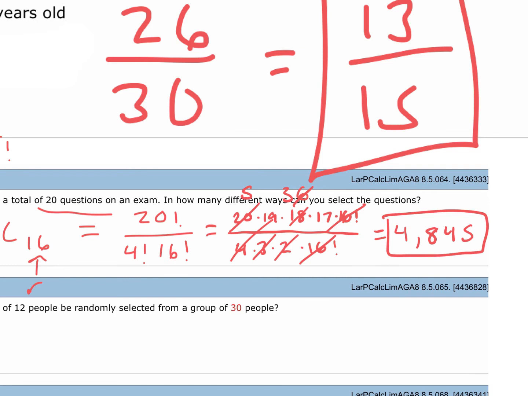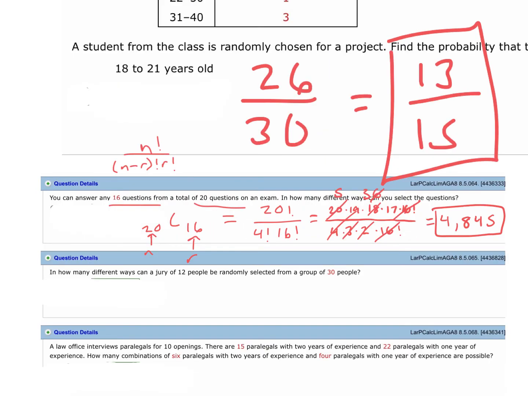Yes. How did you know to plug it into the formula? So the next one's the same way. We have a group of 30 people, but we're only picking 12 of those people. So we have 30, but we're only choosing 12. So again, we plug it into the formula.